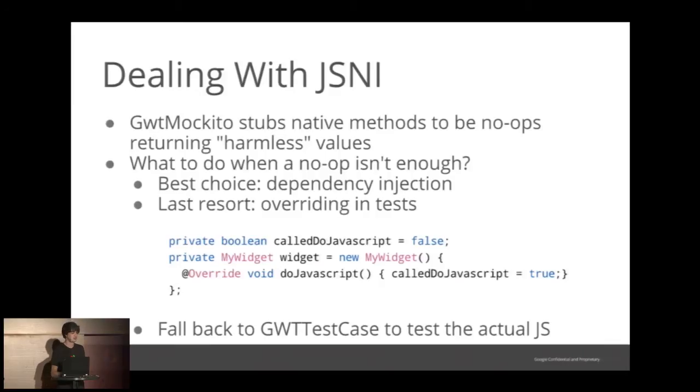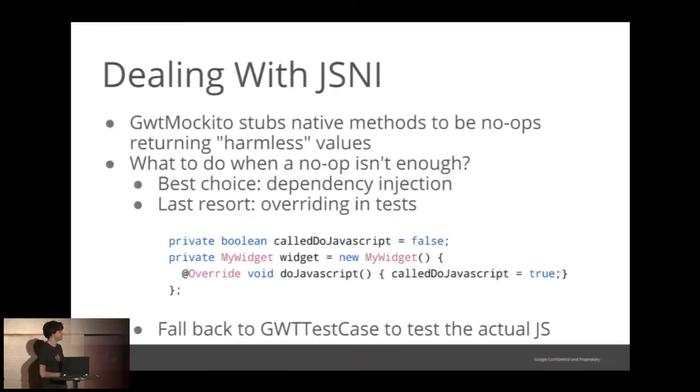Once you've done that, your test can then provide a mock implementation of that class and use it instead of the JavaScript. That way your test can basically re-implement whatever that JavaScript needs to do. That's usually the most robust strategy you can take.